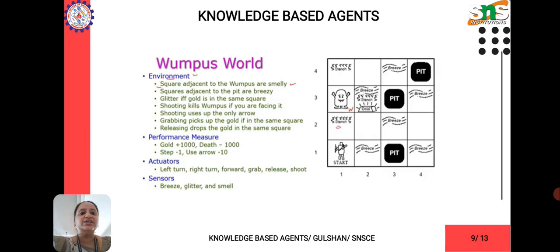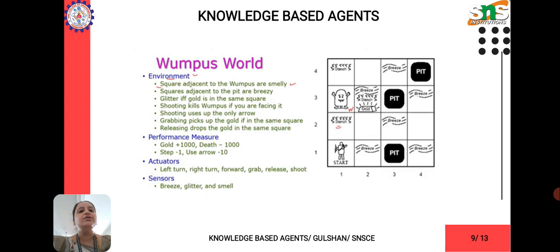The square glitters if gold is in the same square. Shooting kills the Wumpus if you are facing it. Shooting uses up the only arrow, that is you can use only one arrow. Grabbing picks up the gold if it is in the same square. Releasing drops the gold in the same square.